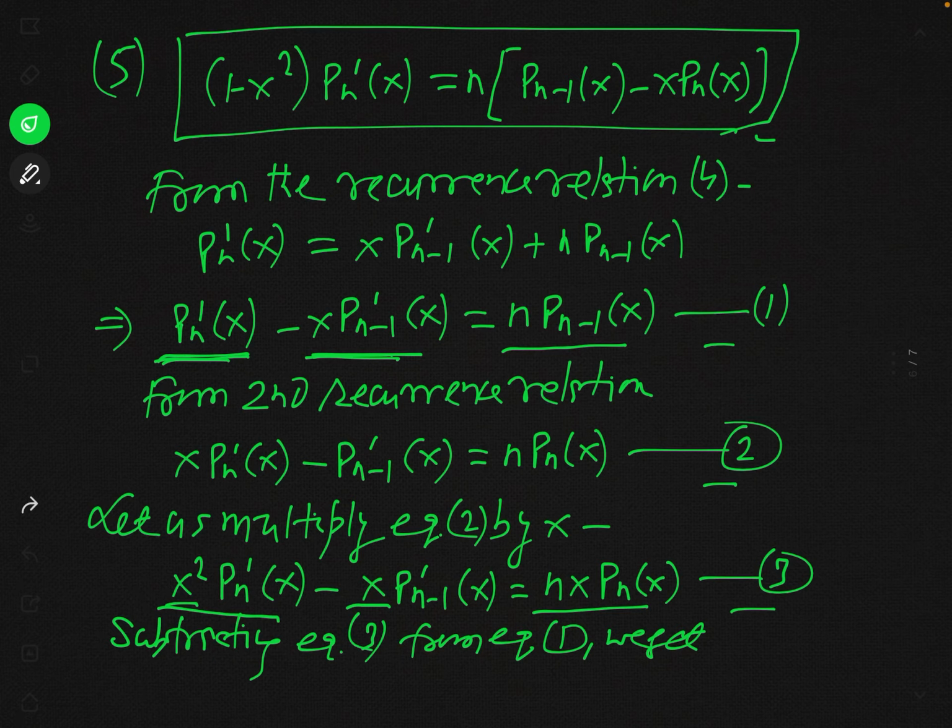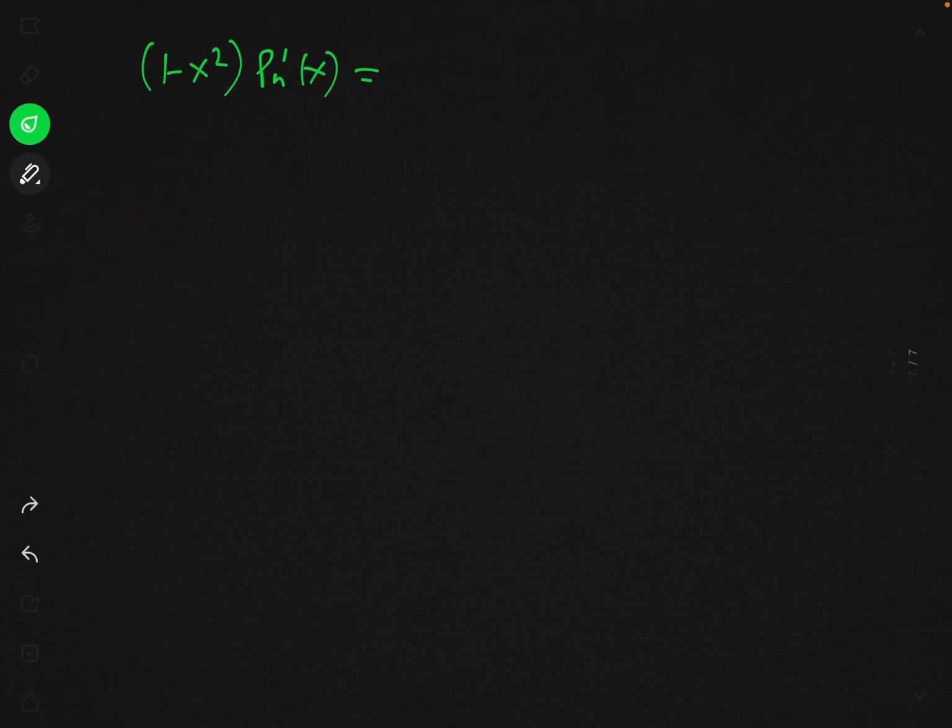So this will be simply n into Pn minus 1 of x minus x into Pn of x.